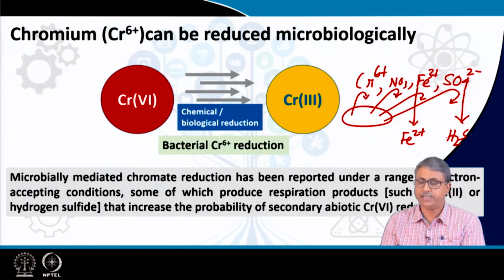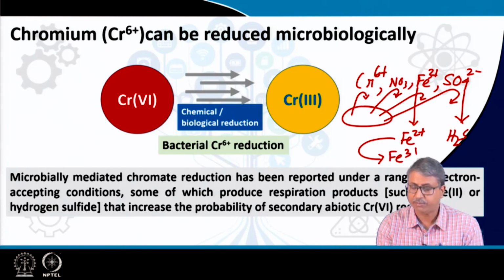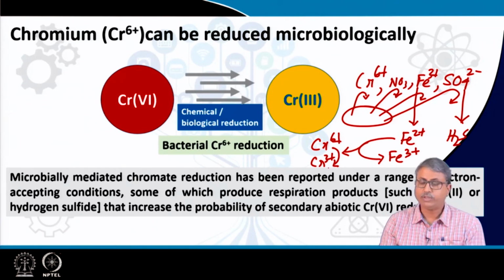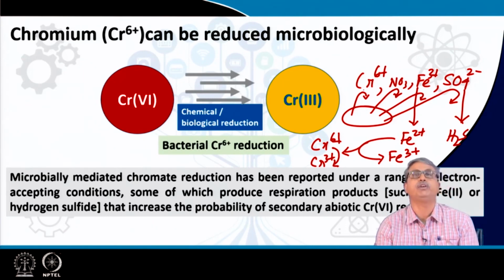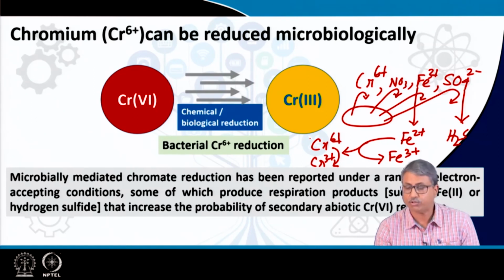Now, interestingly, this Fe2+ can be reoxidized under the aquifer environment while reducing chromate, Cr6+ to Cr3+. So, instead of direct microbial or bacterial reduction of chromium 6, Fe2+ can aid in the reduction of chromium 6 into chromium 3, and similarly H2S can also do that.